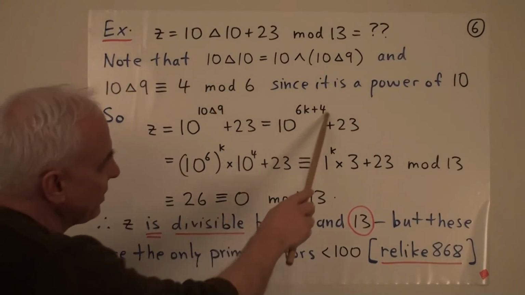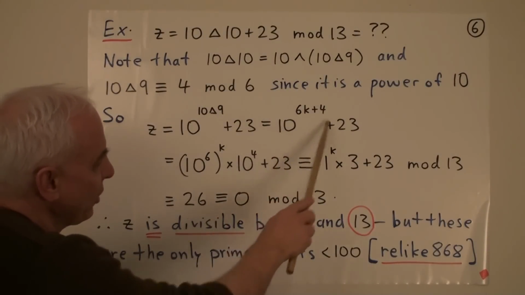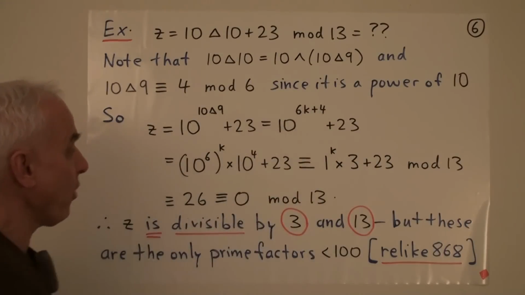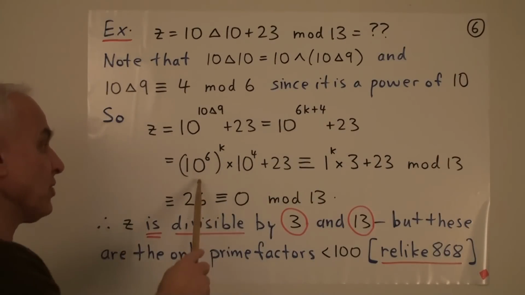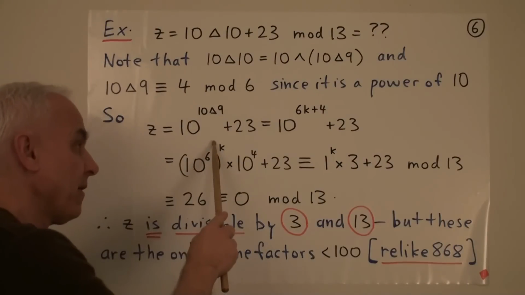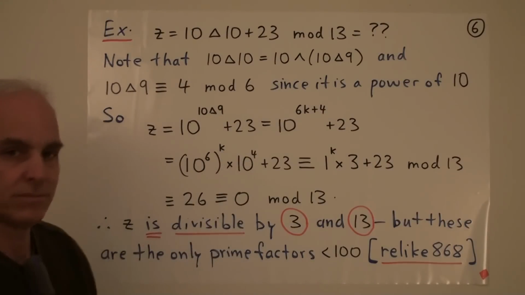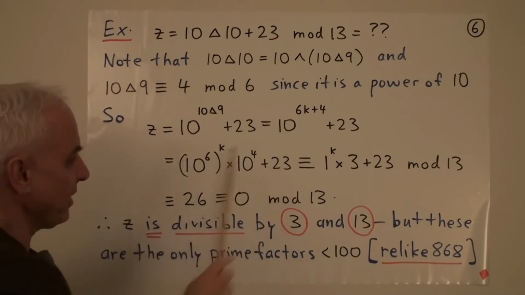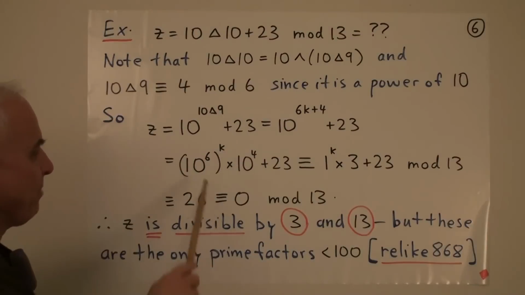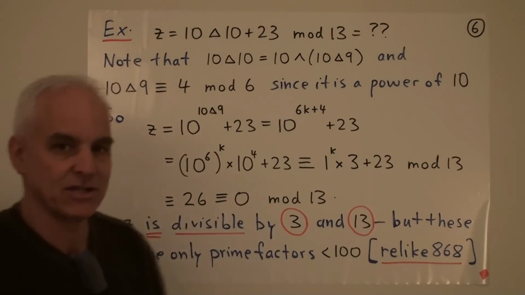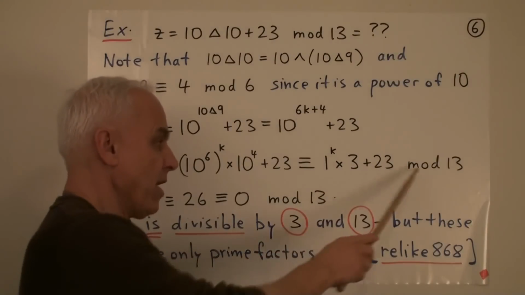Alright, now we do the same thing that we did with the other examples. We look at this 10 to the 6k plus 4, and we rewrite it as 10 to the 6 to the k times 10 to the 4. We still have a plus 23 out here. And pleasantly, 10 to the 6 we've seen is congruent to 1 mod 13.